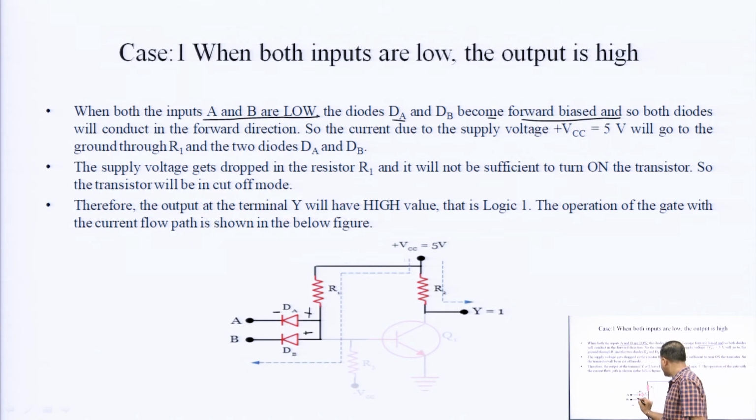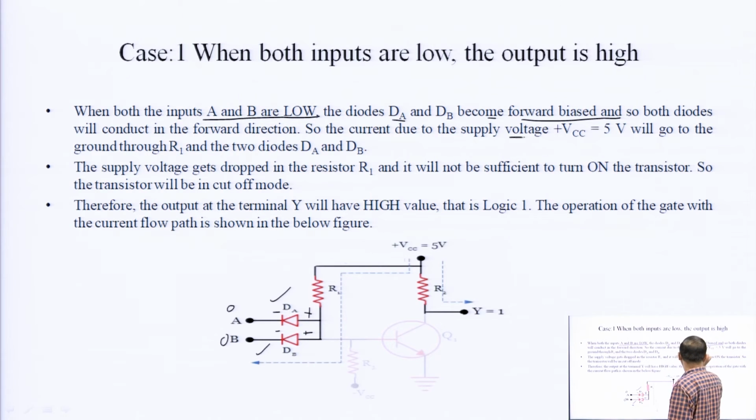Here we are giving 0 0, at the negative terminal of the diode we are giving 0 voltage. So, when both are low, DA and DB are forward biased, and both diodes will conduct in the forward direction.